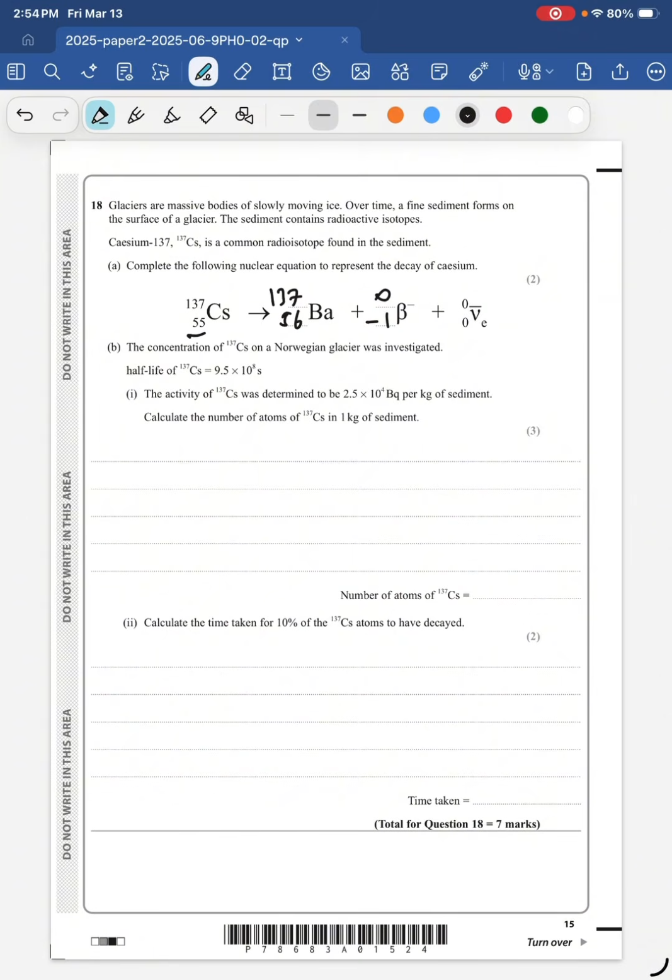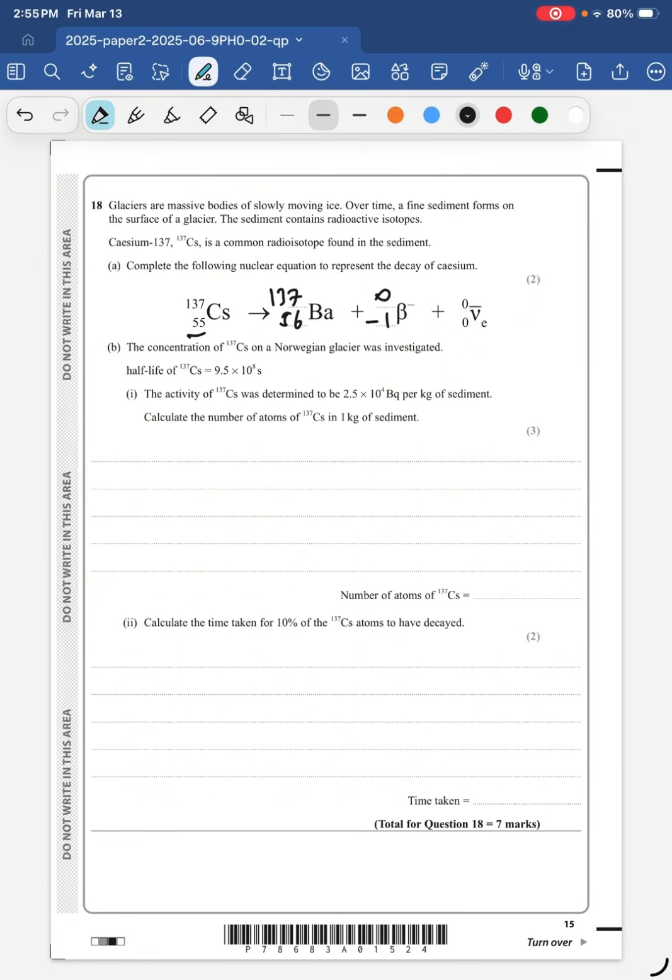Okay. Part B, the concentration of cesium-137 on a Norwegian glacier was investigated. The half-life of cesium is 9.5 times 10 to the 8 seconds. The activity of cesium-137 was determined to be 2.5 times 10 to the 4 becquerels per kilogram of sediment. Calculate the number of atoms of cesium-137 in 1 kilogram of sediment.